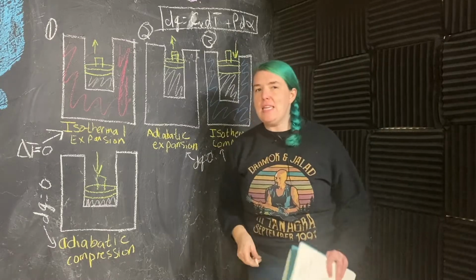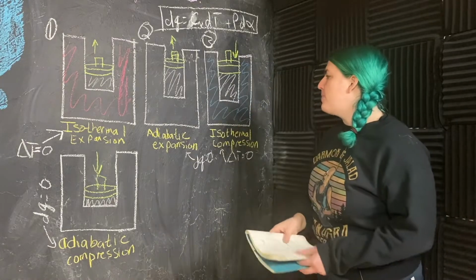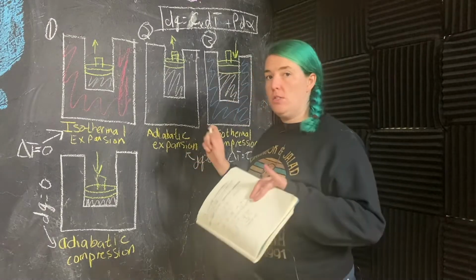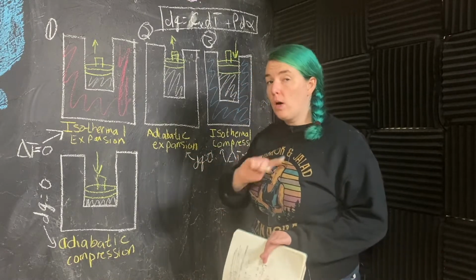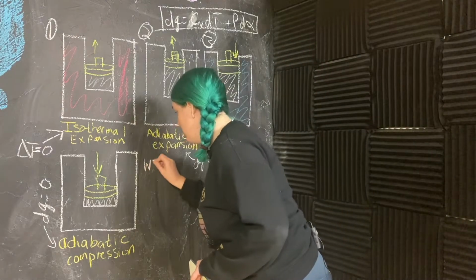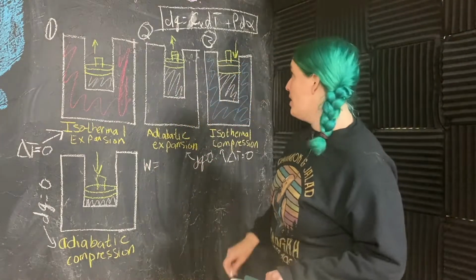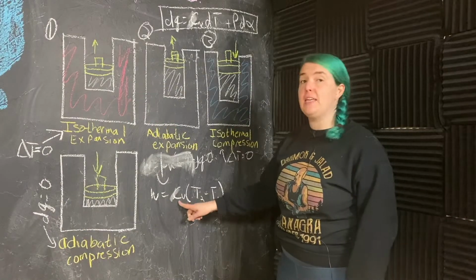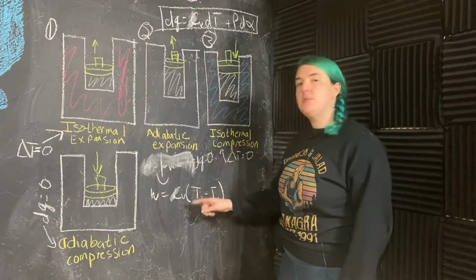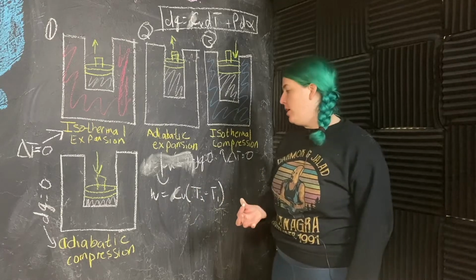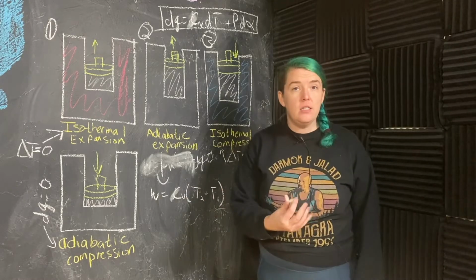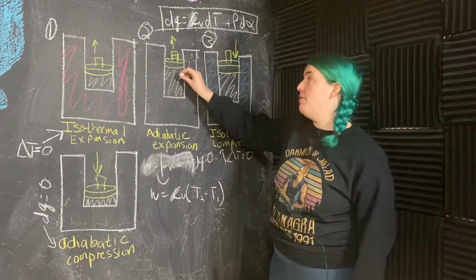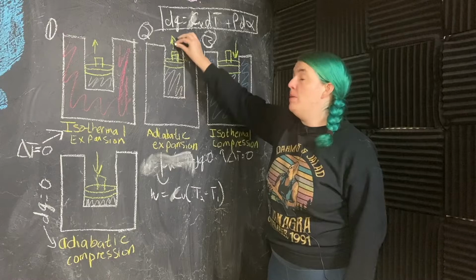So it's actually going to be the easiest part of this, is that in the adiabatic expansion, dq is 0, so the work done is just specific heat of the system times the change in temperature, and we could relate the amount of work done to a physical distance of this piston that's been moved.